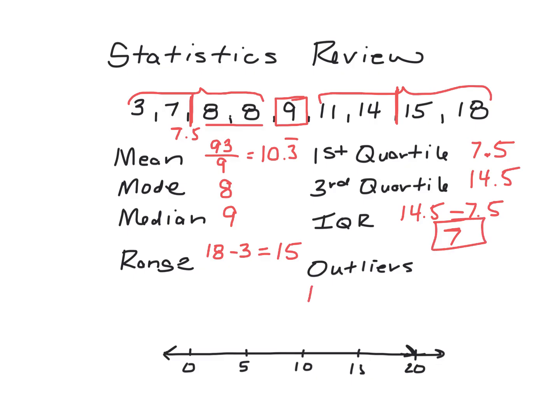To determine outliers, I'm going to take 1.5 times that IQR. So 1.5 times 7 gives me 10.5. I am then going to subtract that from the first quartile, and I'm going to add it to the third quartile.